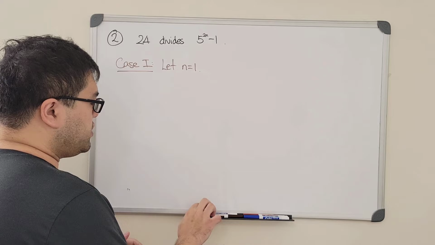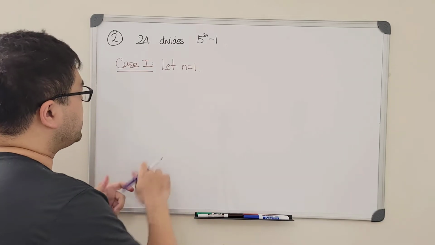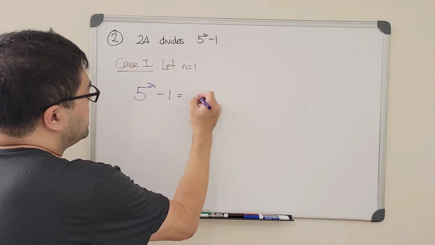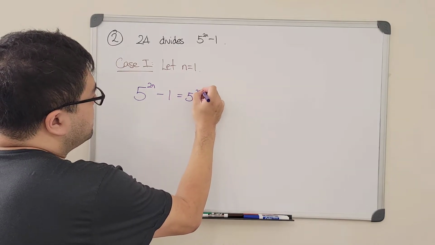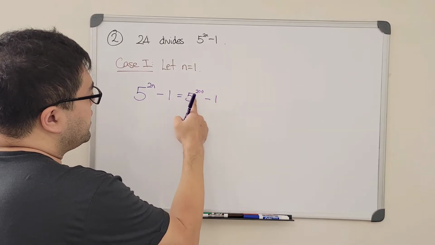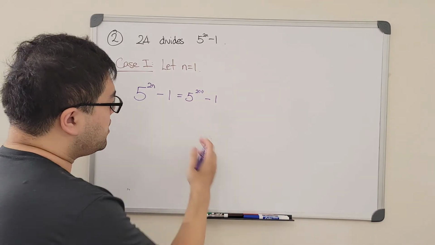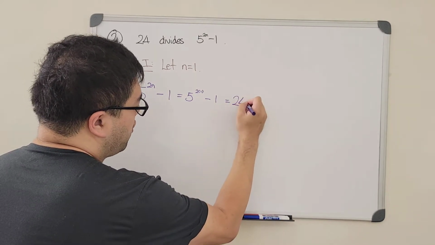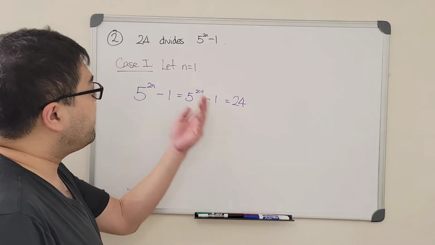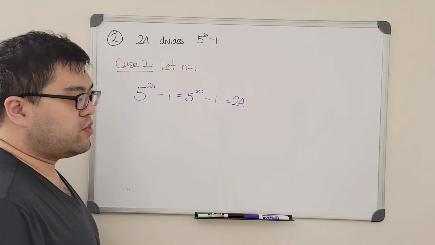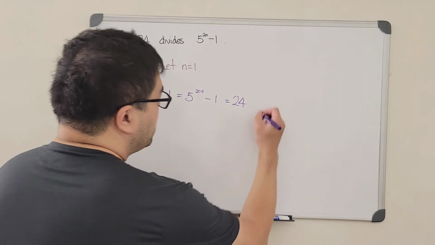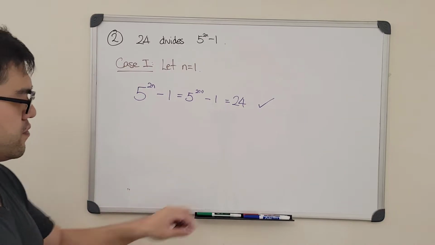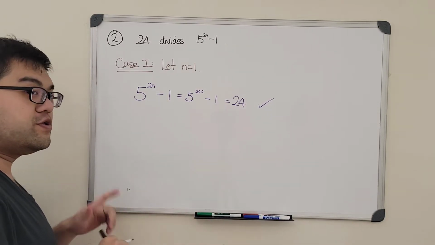If n equals 1, then the expression 5 to the 2n power minus 1 is equal to 5 to the 2 times 1 power minus 1. And 2 times 1 is clearly 2, which gives us 5 squared, which is 25, minus 1 is 24. And of course, 24 is always a multiple of 24 itself. So check. We already finished case 1. But now let's move on to the second case.